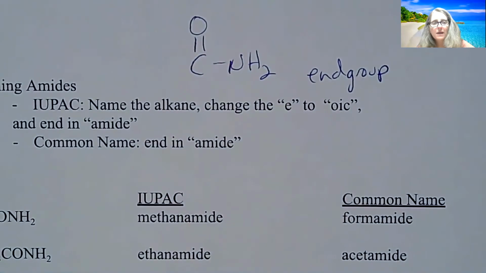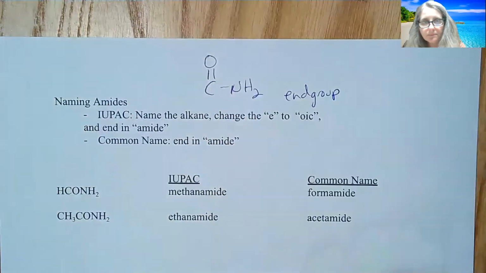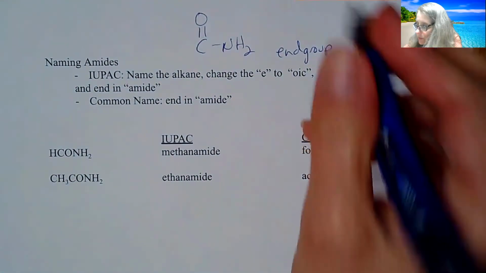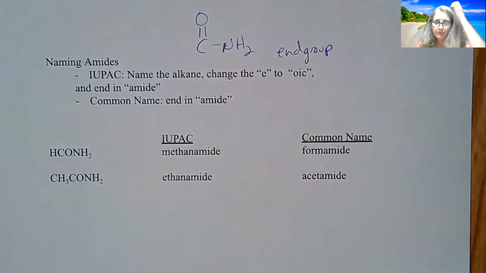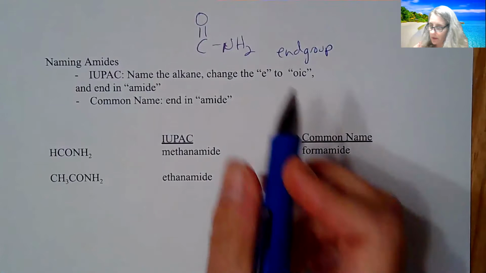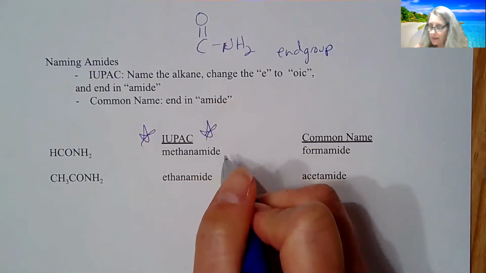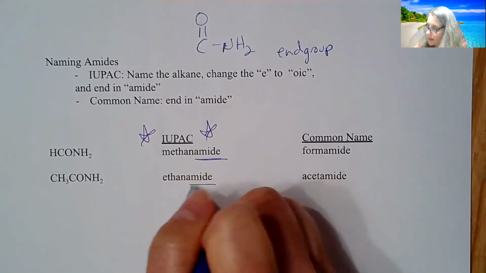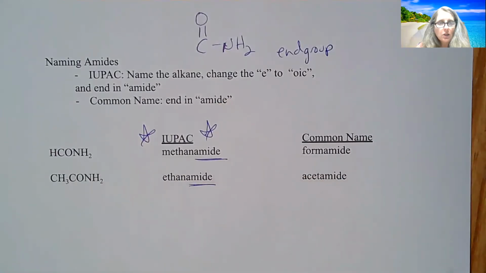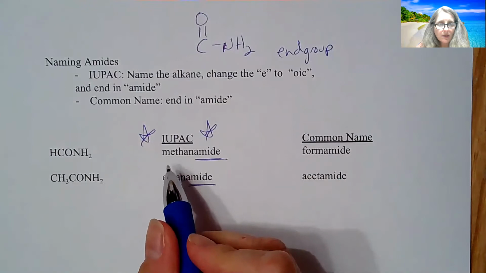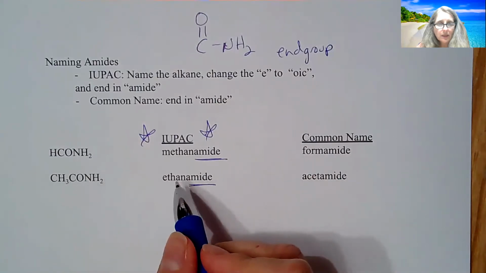Okay, so amides are going to be, again, an N group. Okay, I'm forcing the amines to be an N group, but this is definitely an N group. So this one, we're going to use the IUPAC system naming. They're going to end in amide. Okay, and then you're going to name however many carbons are attached. So the meth is for 1, eth is for 2.